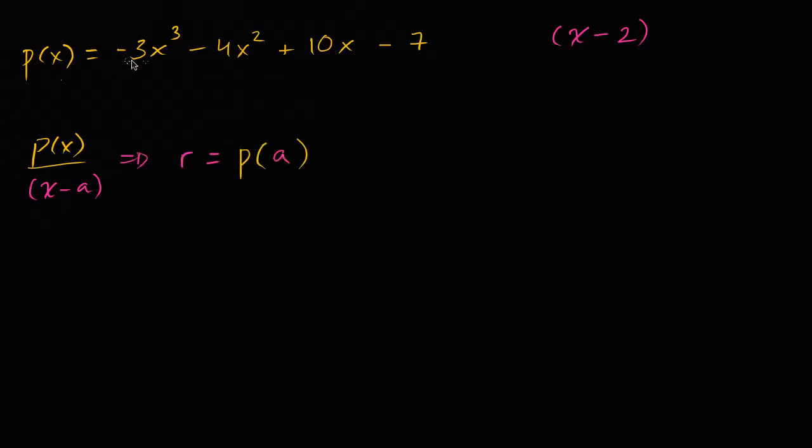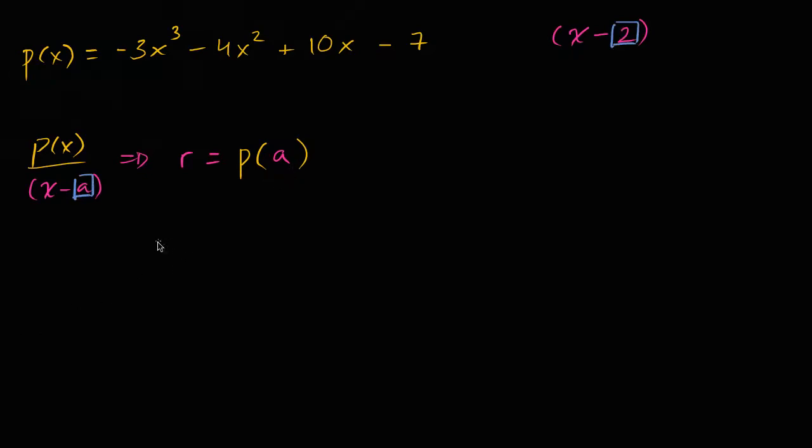So in this case, our p of x is this. What is our a? Remember, it's x minus a, so our a is positive 2. To figure out the remainder, we just have to evaluate p of 2.